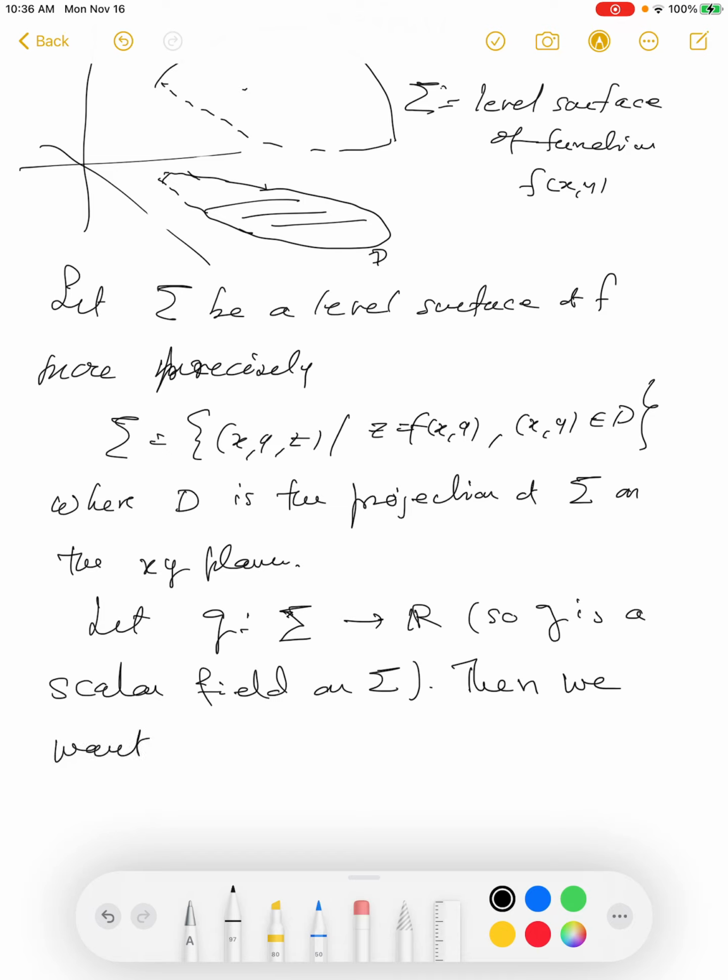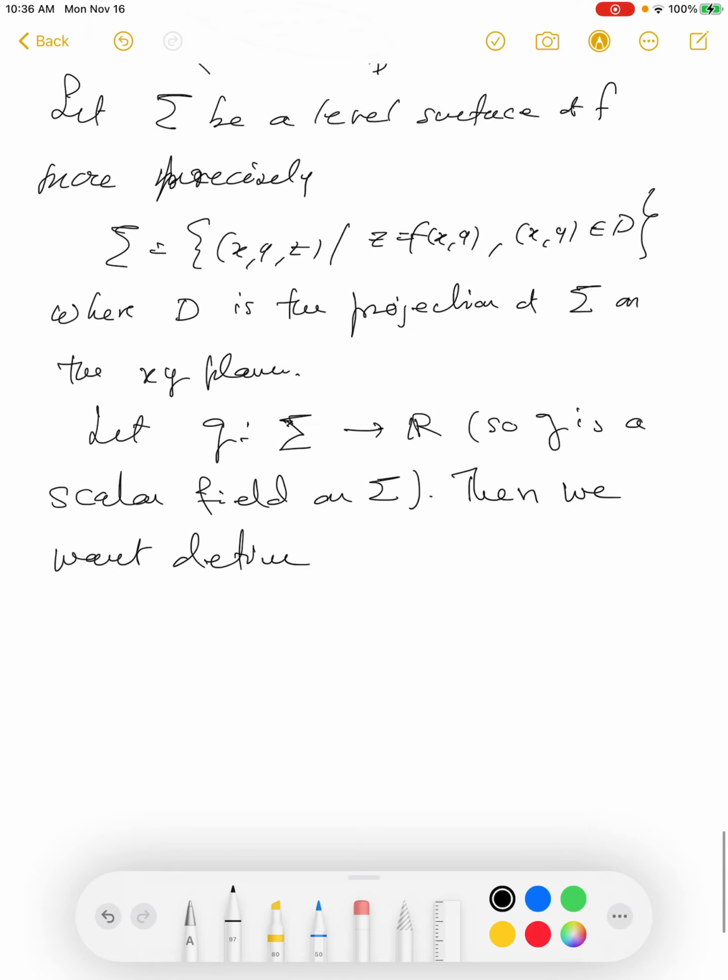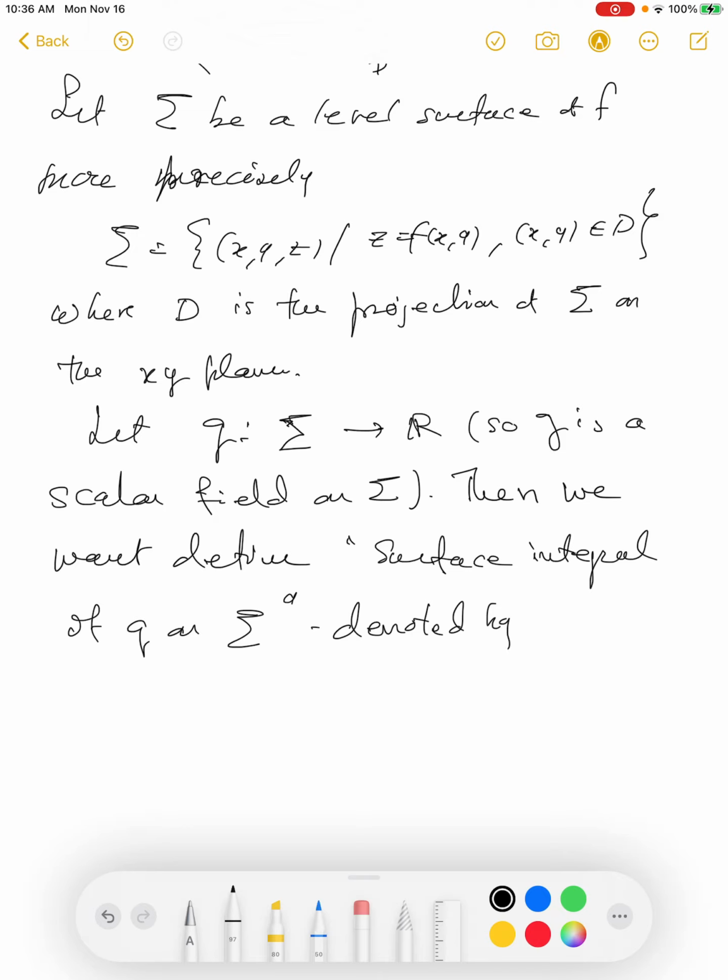And then we want to assign a meaning to the integral of g on the surface sigma. We want to define what we call a surface integral of g on sigma, denoted by the double integral sign again, but now you are not integrating on a region which is in the plane, but this is a curved surface.